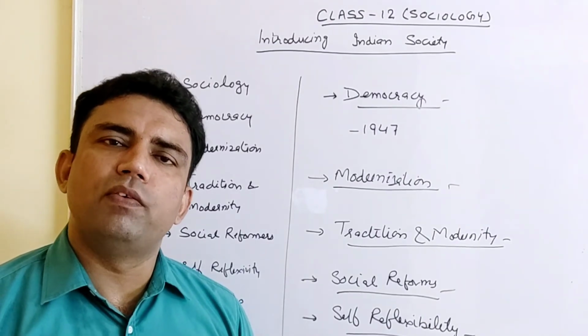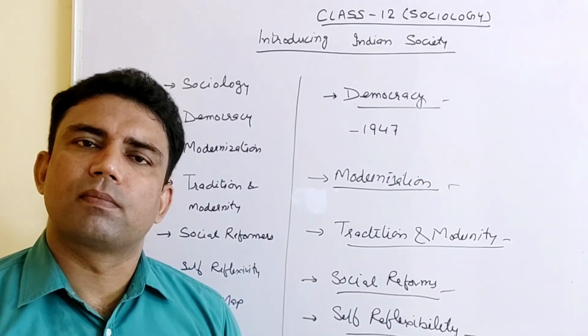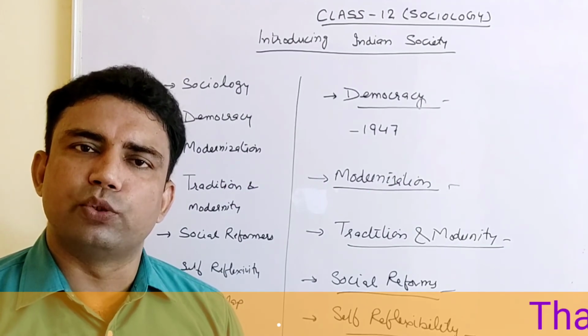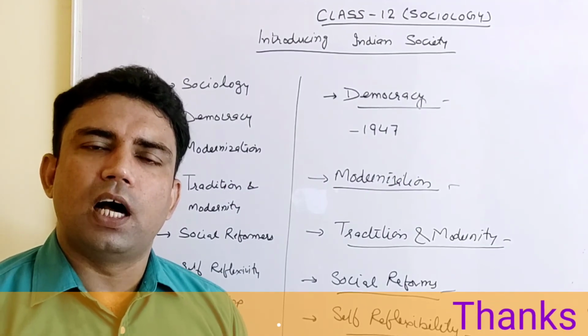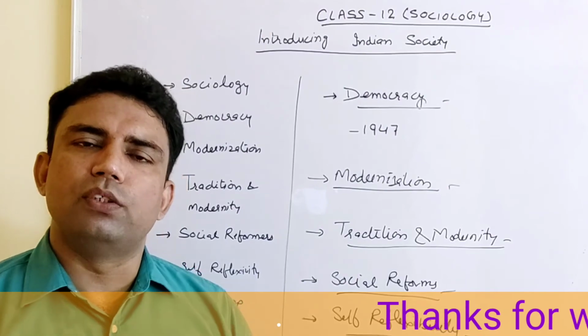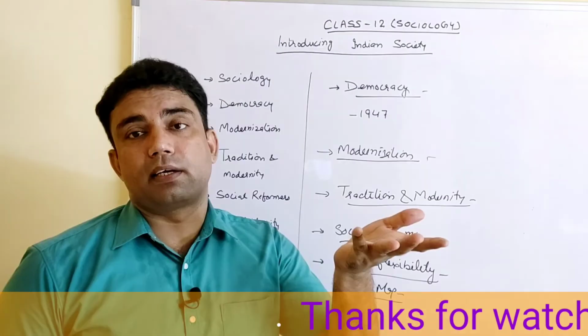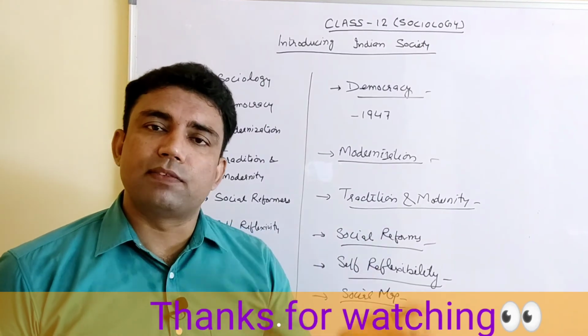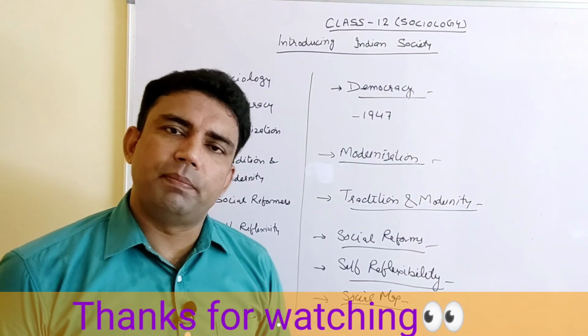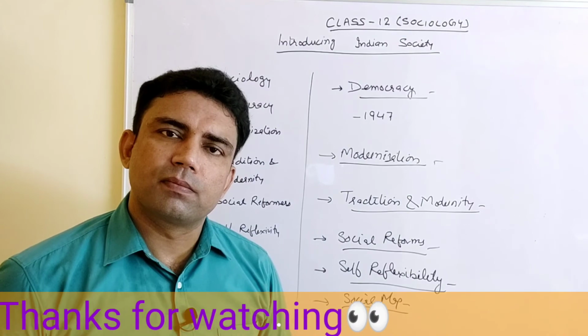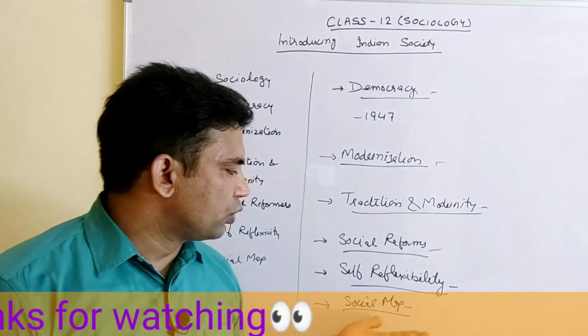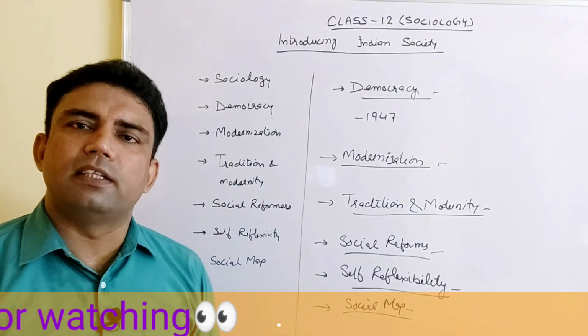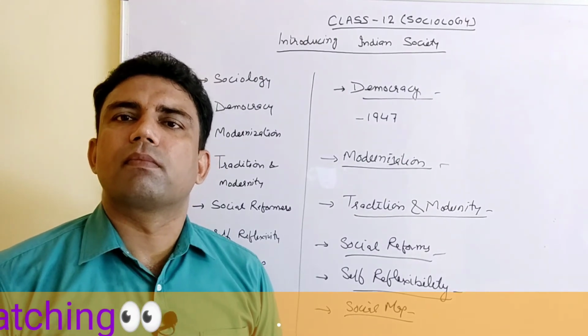This is how we feel when we make a social map. How we should behave according to the social map. If somebody is from the higher caste, higher class, then we should behave in a different way. If somebody is from the lower caste, lower class, then the behavior changes. This is how the social map helps us to understand the society. Right?